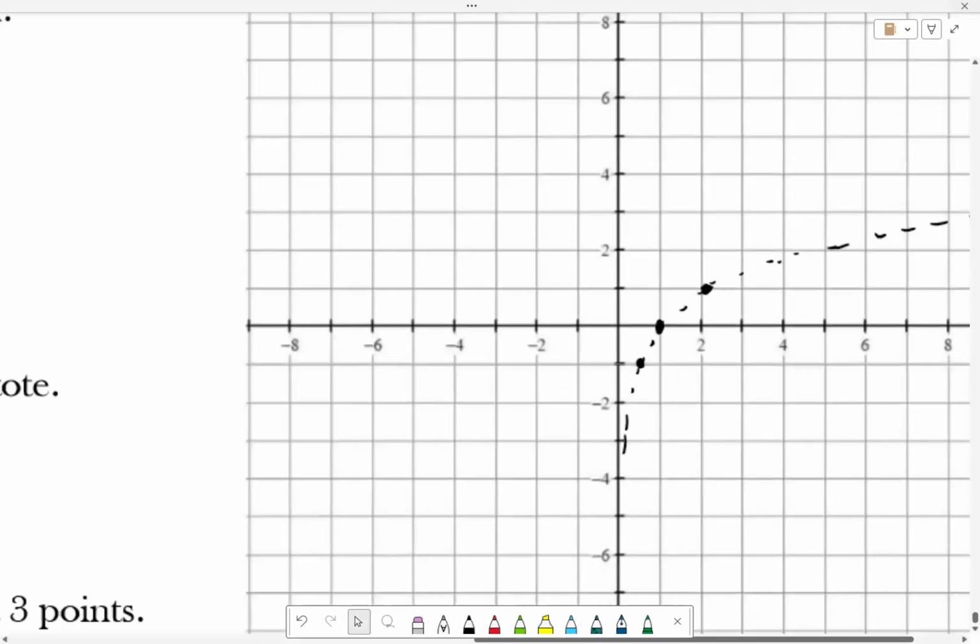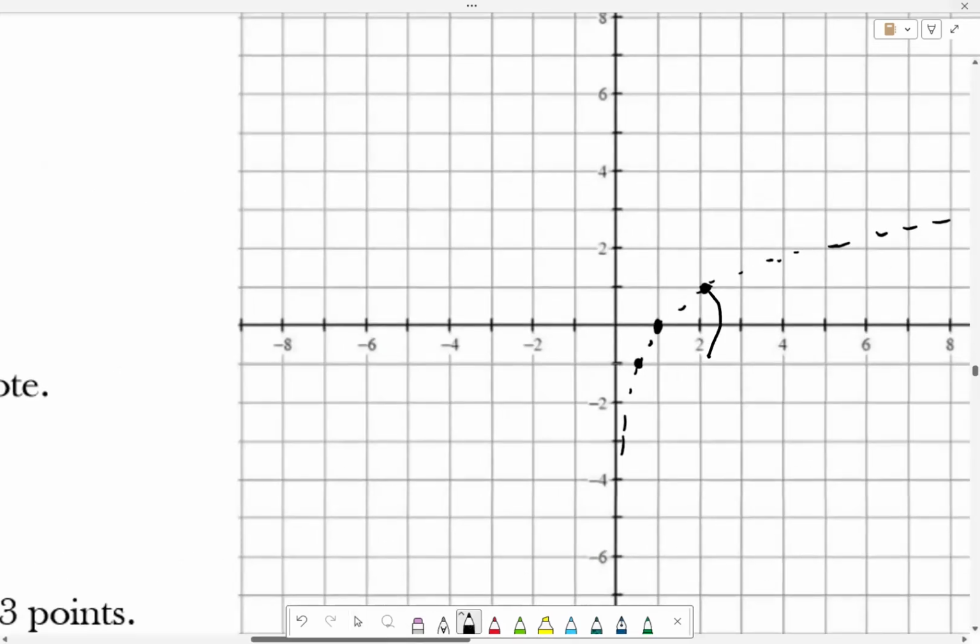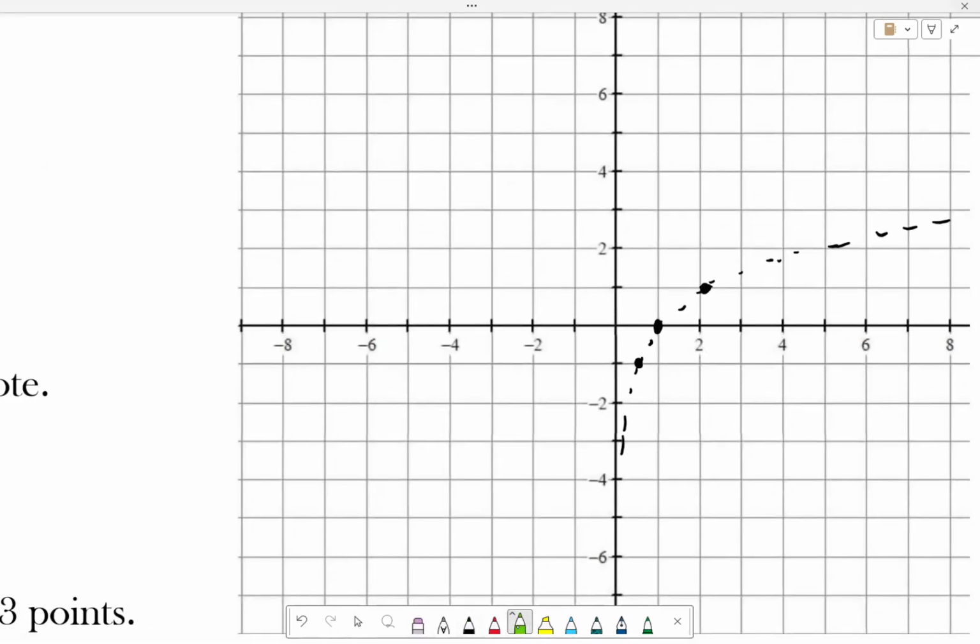So this one's going to come down here, and then that point will go up 1, 2, 3 to here. Does that make sense? I reflect over the x-axis, then up.